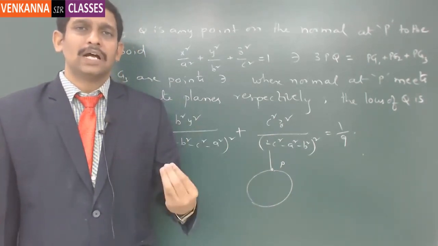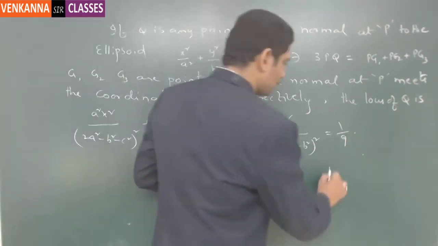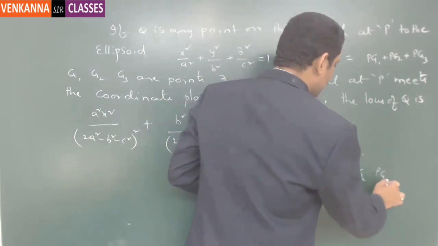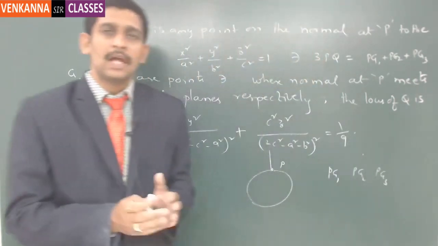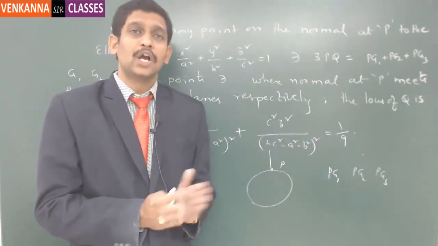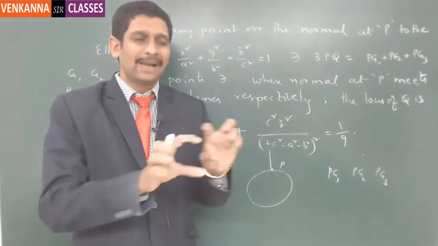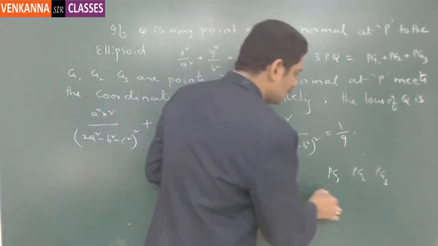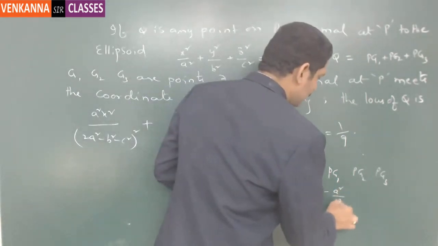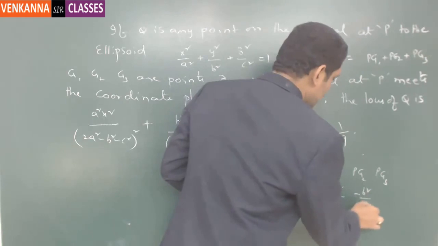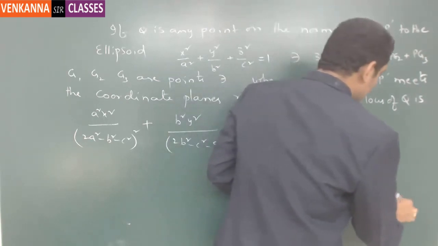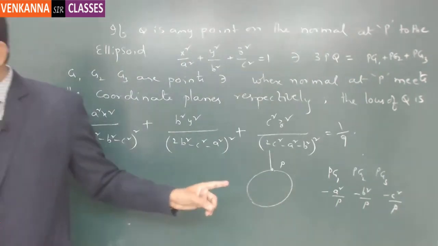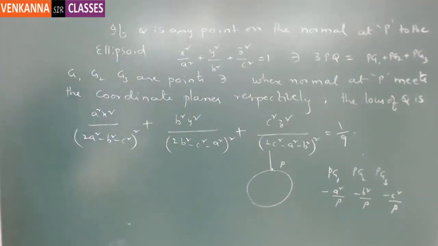So we have the respective distances PG1, PG2 and PG3. I have already computed the values by writing the normal equation: PG1 is minus a square by p, this one is minus b square by p, this one is minus c square by p. Just now I have taken those values. Accepted?